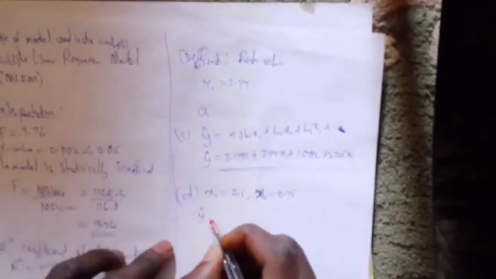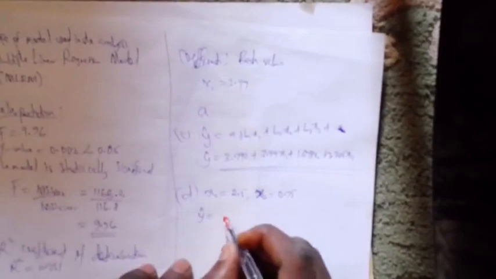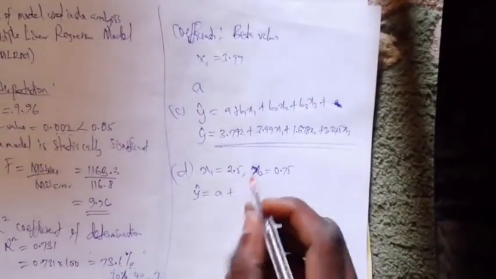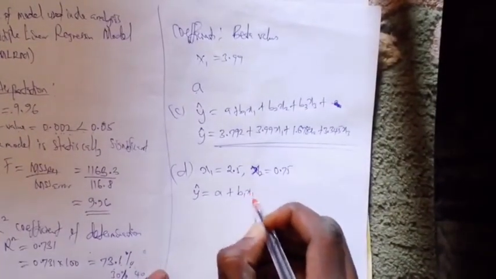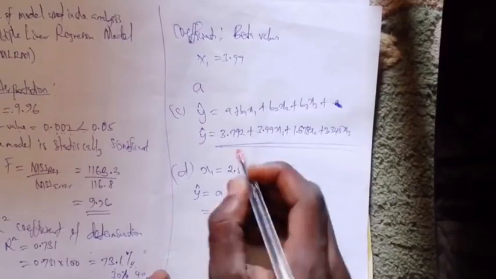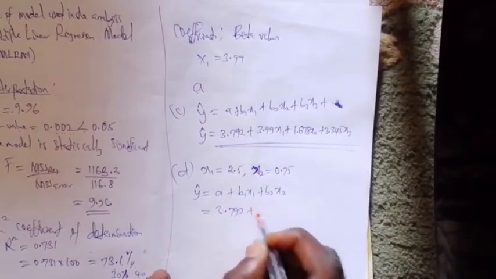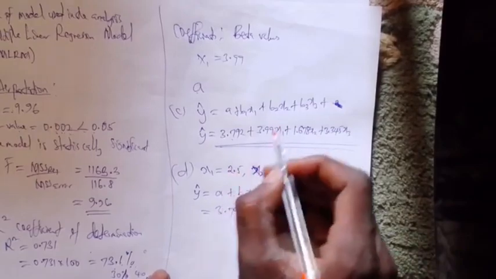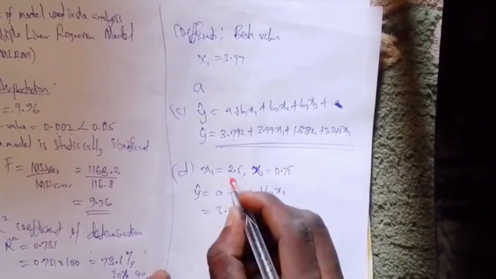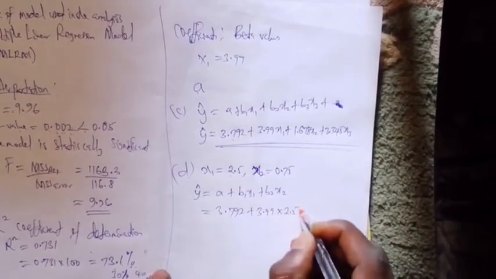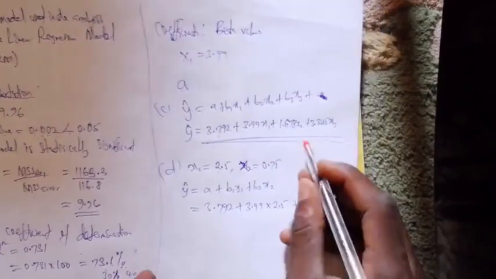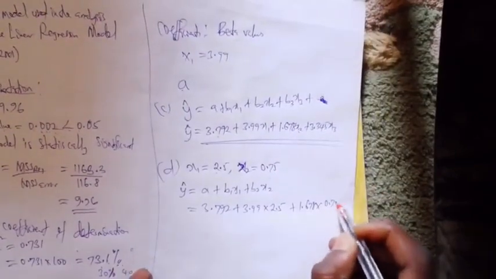Then y cap is equal to a plus b1 x1 plus b2 x2. So our a is 3.792 plus b1, which is 3.99, times x1 2.5, plus b2 1.678 times x2 0.75.